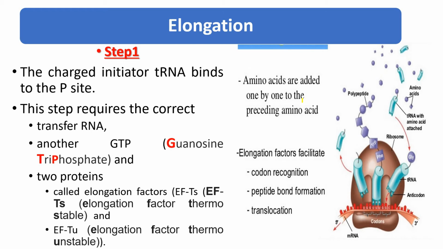So I hope you know the meaning for initiator tRNA, that is methionine tRNA. Then this step requires the correct transfer RNA and GTP and two proteins called elongation factor that now only we studied, EFTS, then EFTU. So these two proteins are required to complete the first step.